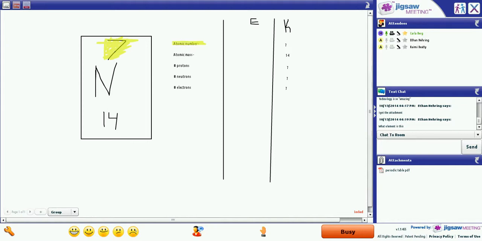Then we have our atomic mass. And the atomic mass, we'll change highlighting colors here, is going to be orange. And in our periodic table, it is down here.